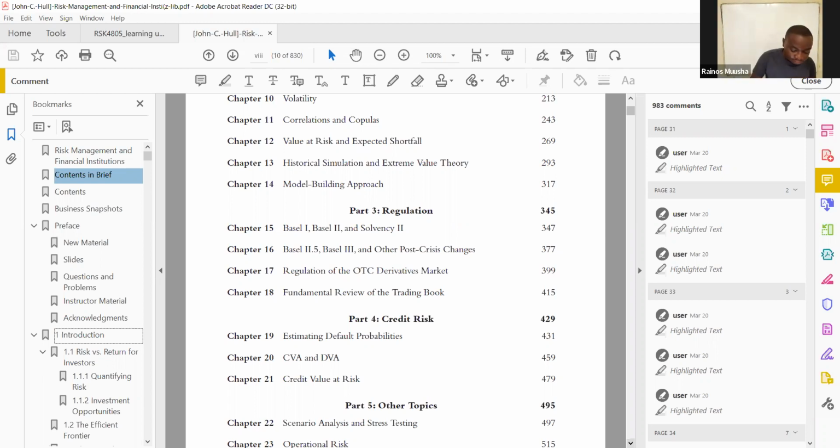Then chapter 18 looks at the fundamental review of the trading book, because when it comes to the bank books, you will find that there is the trading book, and then there is the other book as well. So you're going to be reviewing the trading book.